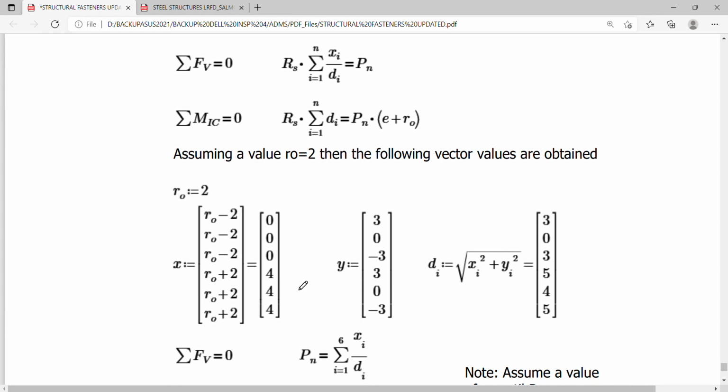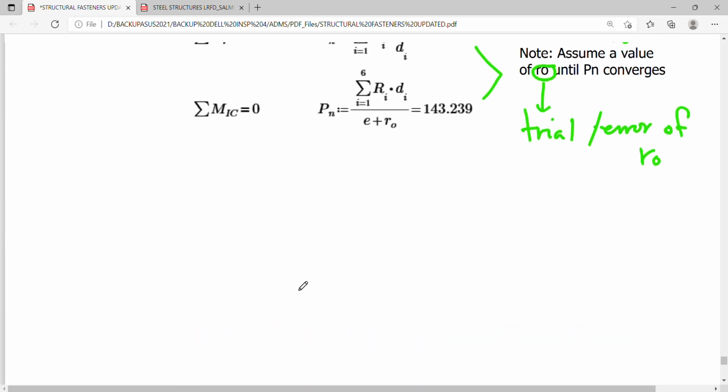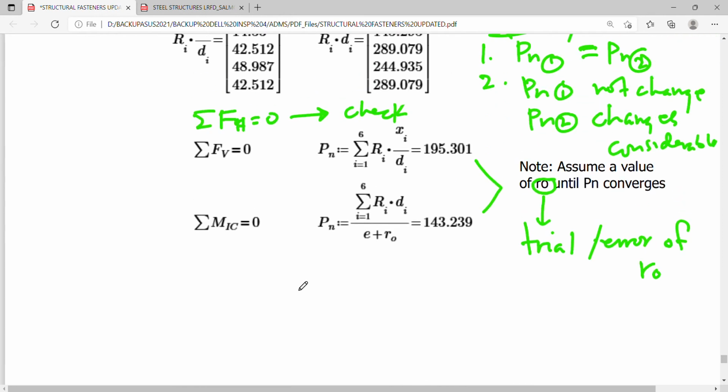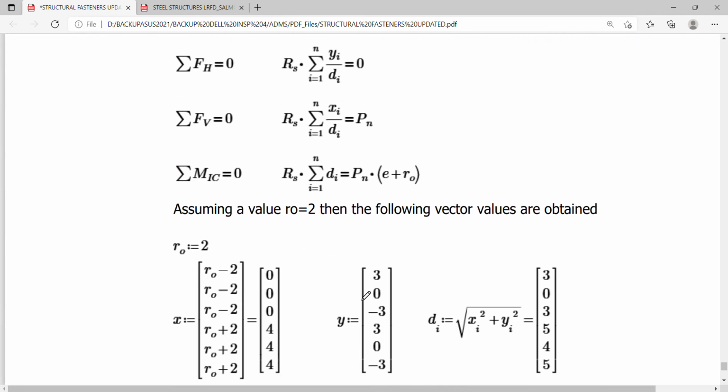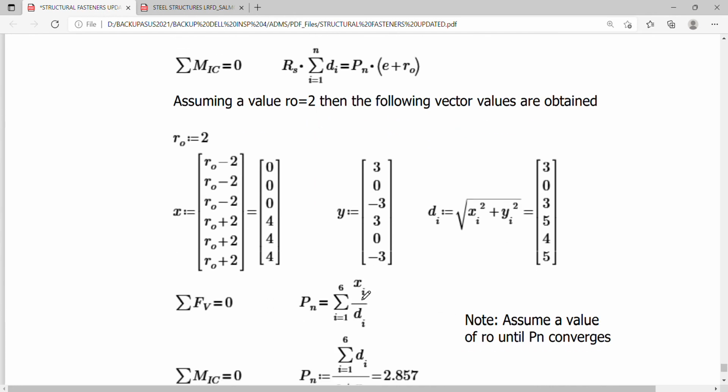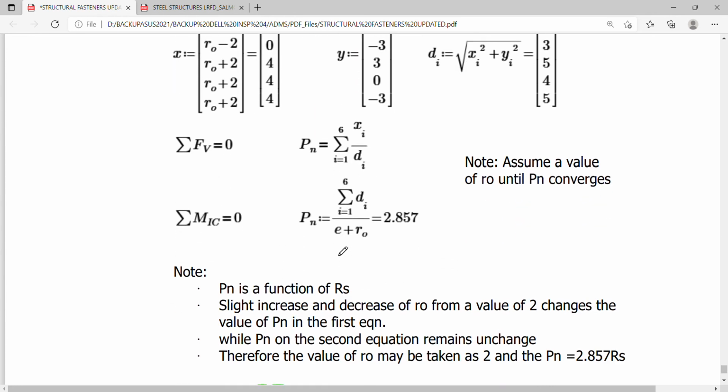the vector values in consideration of these three equations assume that Pn is a function of your Rs.